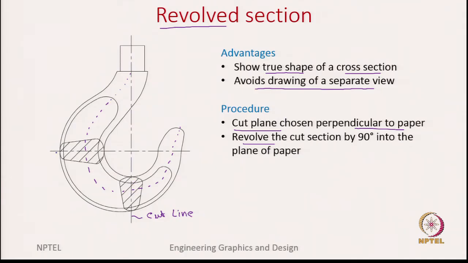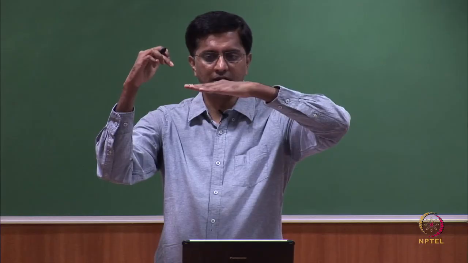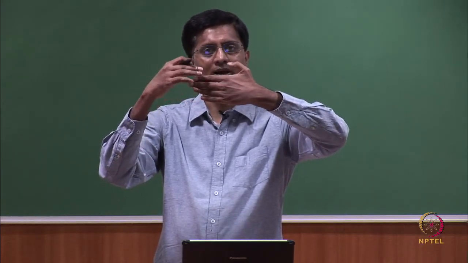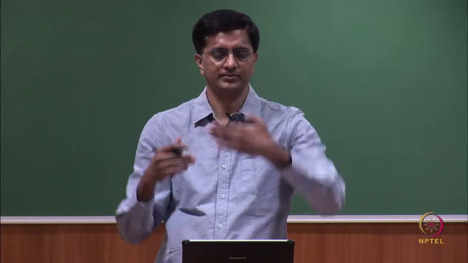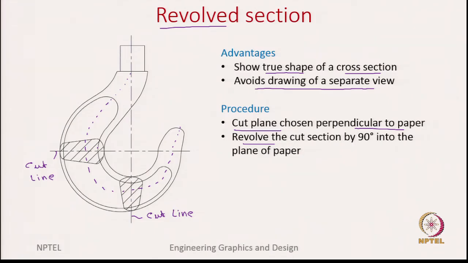Similarly, I can have another cut line here, and after I do the sectioning and capture the section area, I rotate it again by 90 degrees, such that this cutting plane is now in line with the front view plane. Okay. So, these are the revolved sections.